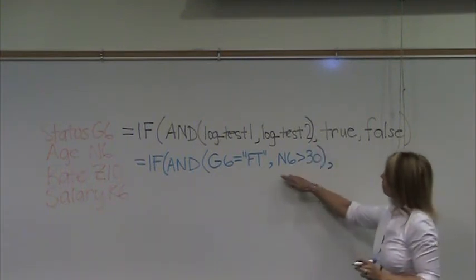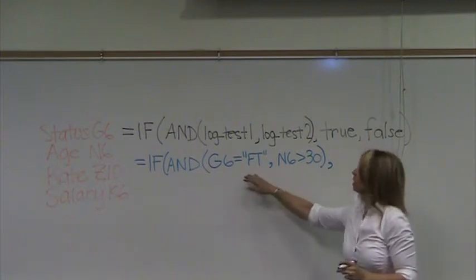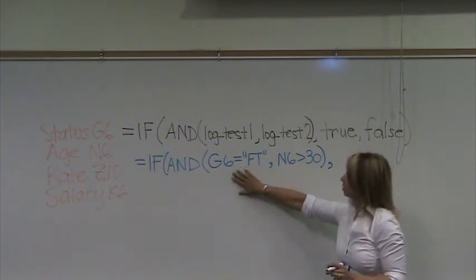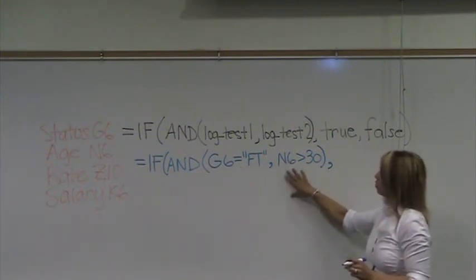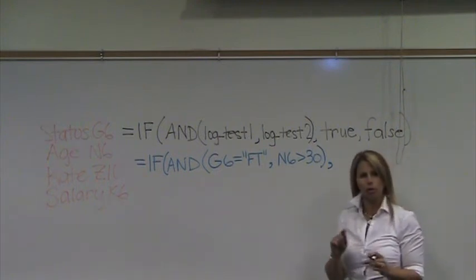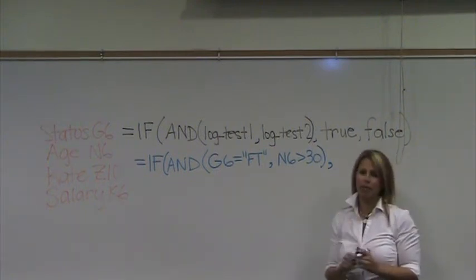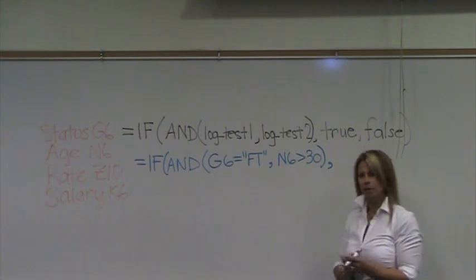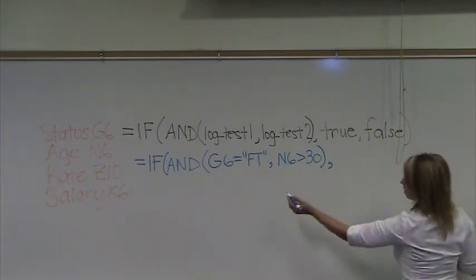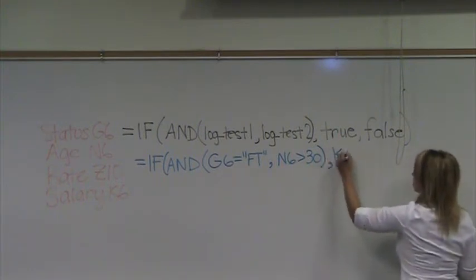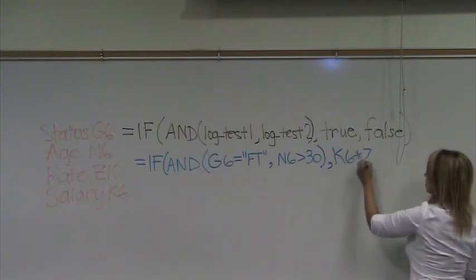If both of these are true, if the status is full-time and the age is over 30, what do they get for their 401k benefit? Salary times the rate. That's right, salary K6 times the rate, which is in cell Z10.